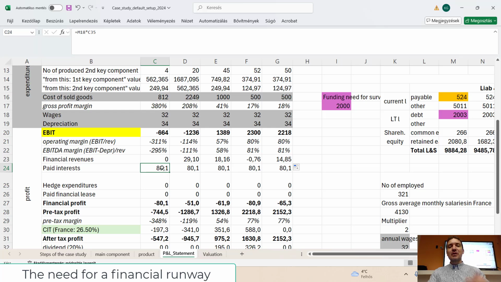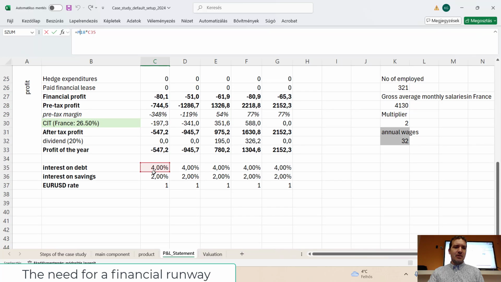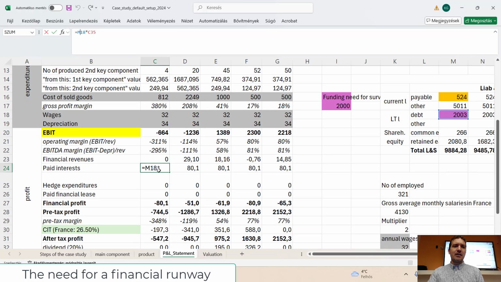Yes, because now we have paid interest and in the past we did not have. So this is also a vicious circle that if we need money, then we need more money because we are not profitable. So paid interests are at this level. Yes, interest on that 4%. This is absolutely not reliable. So we will refine it based on market data, but for design purposes it can be okay.